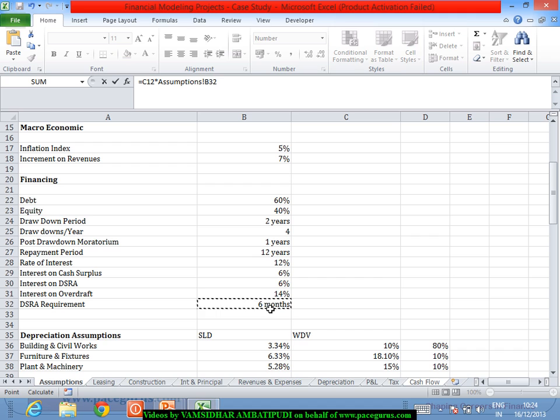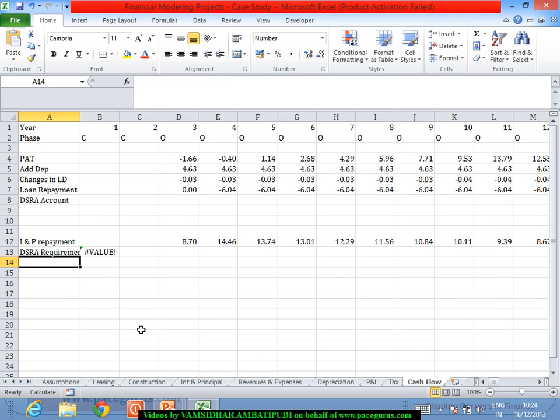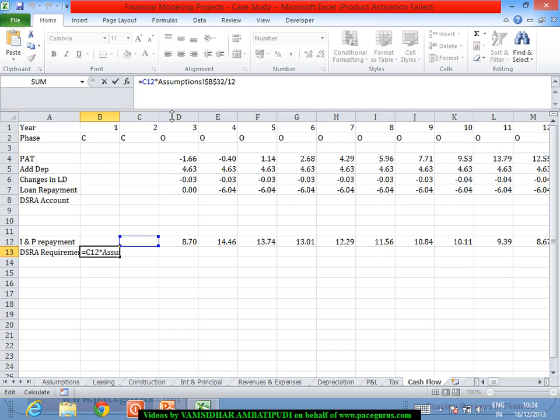So this many months by 12 is the typical requirement I maintain as my DSRA account. So probably I can go ahead saying if this particular value is blank, I leave it as blank, otherwise I'll put up my DSRA requirement calculation.